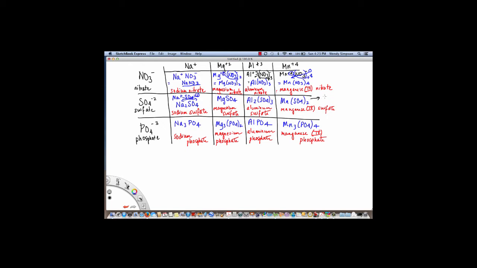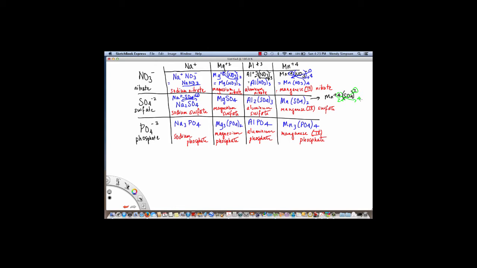in this example, I'll work this out for you here. Manganese has a +4 charge, sulfate has a -2 charge, and when we're applying the crisscross rule to this, this 4 becomes the subscript on the sulfate, and the 2 becomes the subscript on the manganese. And remember that we need to add parentheses around the sulfate before we add the subscripts. But these subscripts of 2 and 4 are not the lowest whole number ratio that we can have.